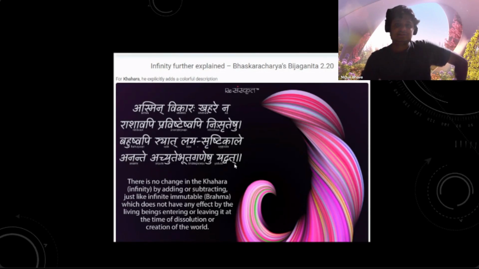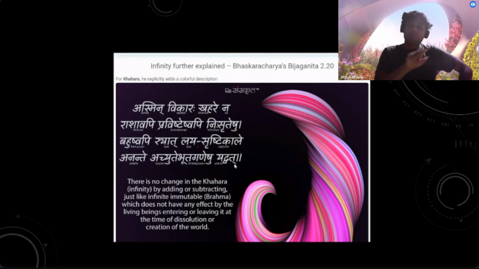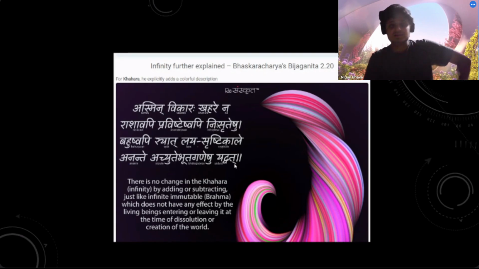Vishwas doesn't believe in infinity. That is true. But let's say you have a circle of radius 1. I tell you to count the number of points on the circle. It will be infinite.